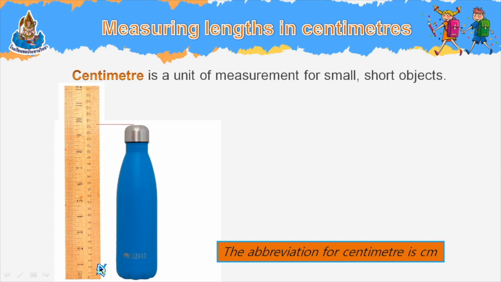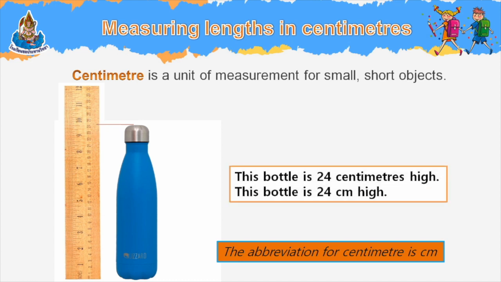So if you're going to measure it from 0 to there, what's the measurement? It is 24, right? This bottle is 24 centimeters high. If we measure a thing like this, we say high.